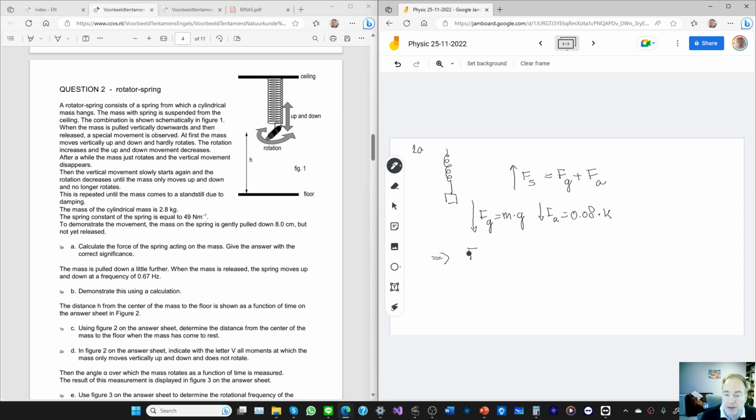So we simply find the spring force acting on the mass to be equal to 2.8 times 9.81 plus 0.08 times the spring constant.